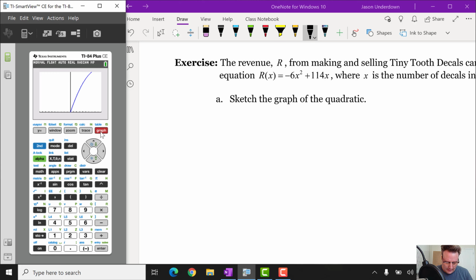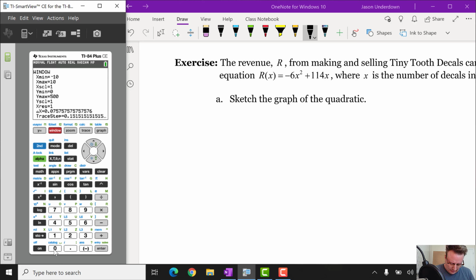Okay. Yeah, we should go a little higher, maybe to 600 or 700. And we only need the positive side of this because we're just talking about revenue, so it doesn't make sense to have negative quantities of sales.